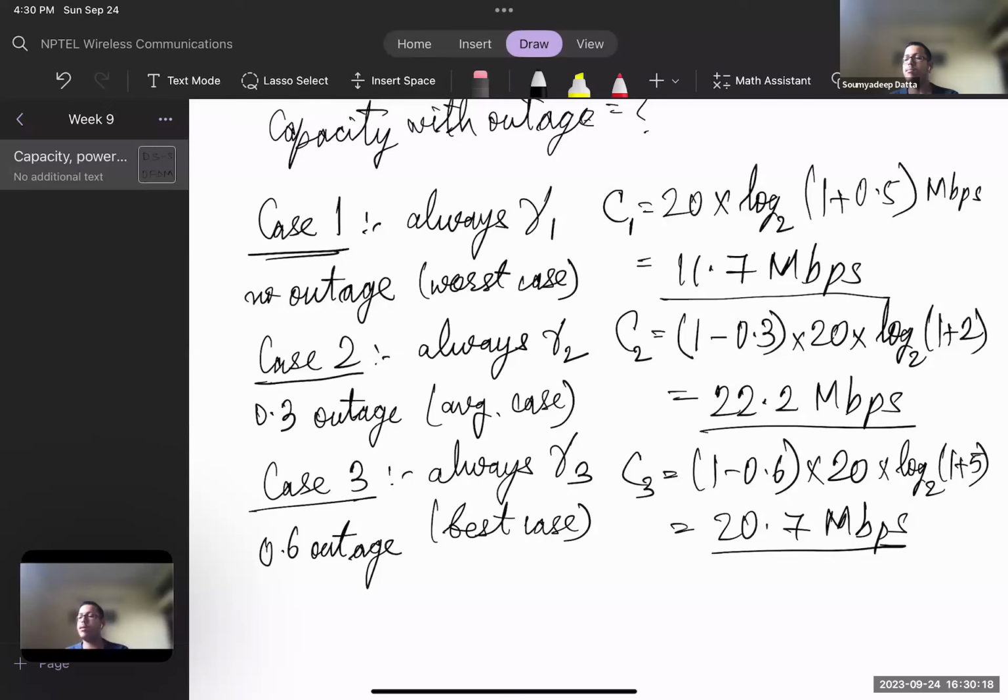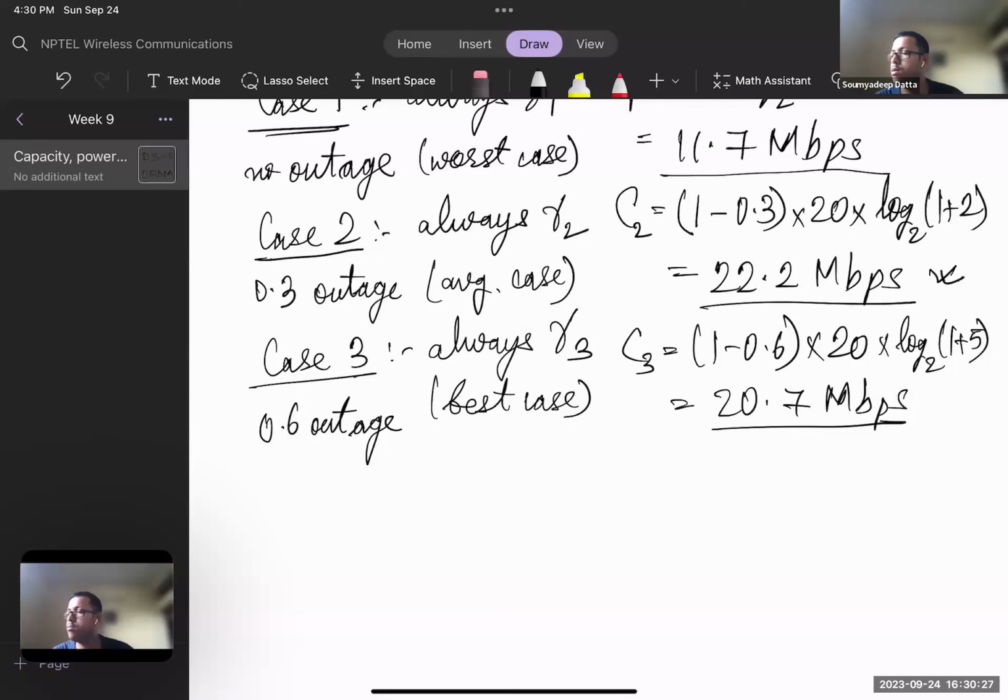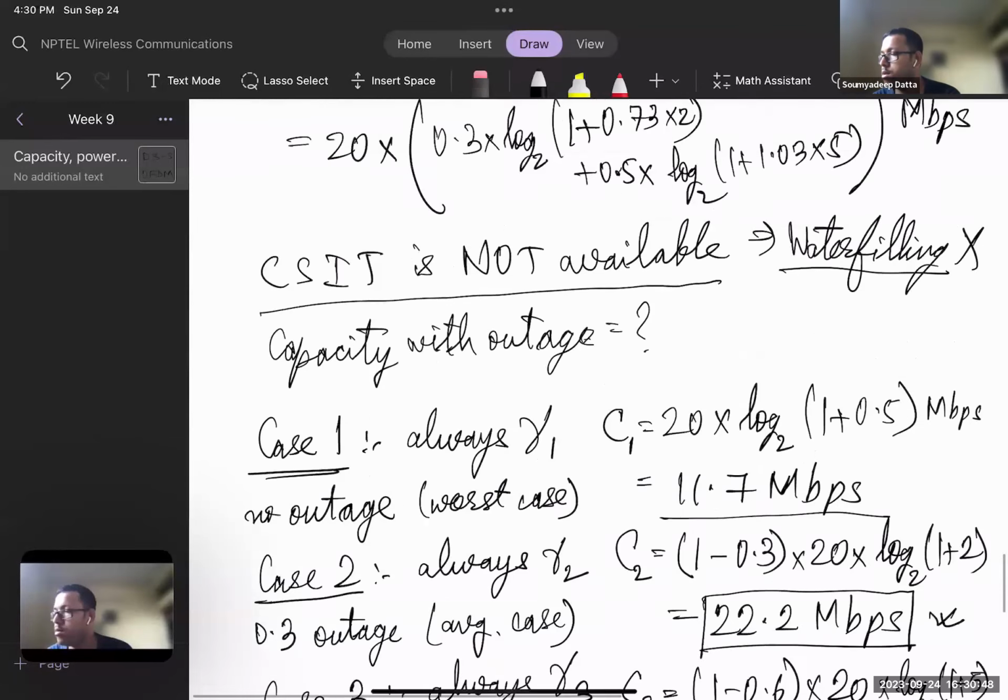So whichever is the maximum, that will be the optimal strategy, right? So C2 is maximum. So essentially case 2 is maximum, and this is the capacity that we'll get. This is the best that we can do. So we can get 22.2 Mbps capacity.